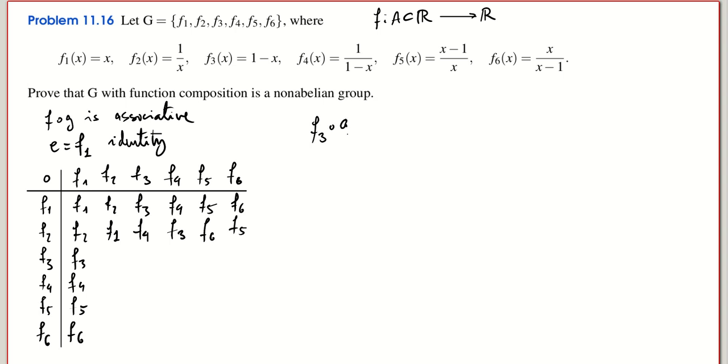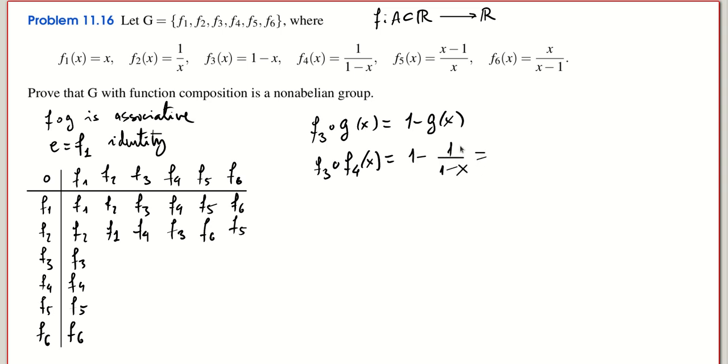So if you compose f3 with g, whatever g is, the result is, well, f3 is 1 minus g. So now we have to substitute g in all the cases. So f3 composed with f4 is 1 minus f4, which is 1 minus this.